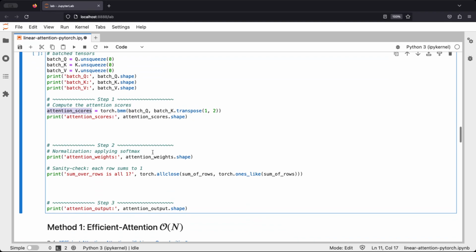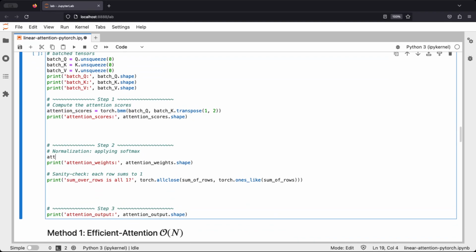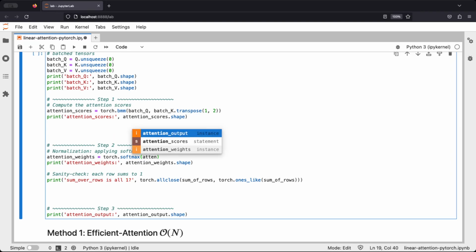And then we do normalization, so attention weights is torch.softmax of attention scores divided by math.sqrt of dk. And we specify the dimensionality, which dimension we want to compute the softmax over.